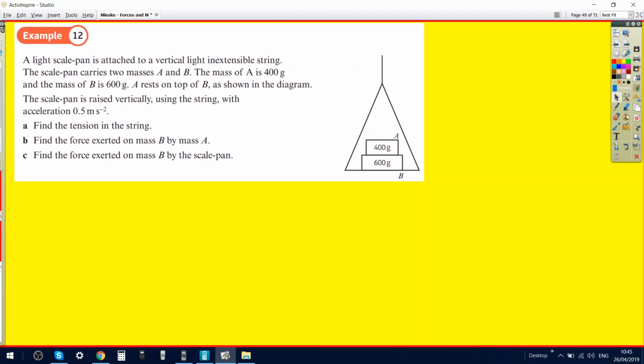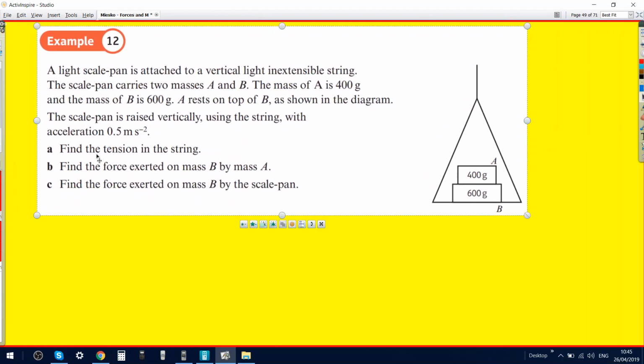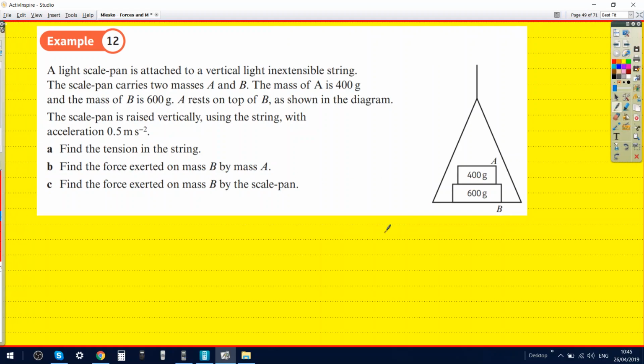Okay, let's try this one. So do we have 1000 G minus T equals 0.5?